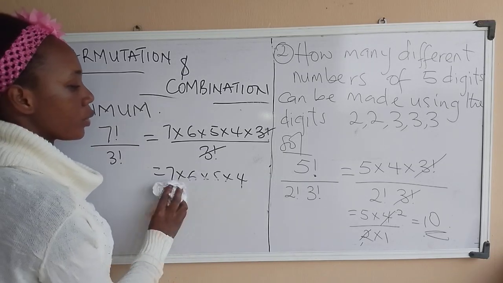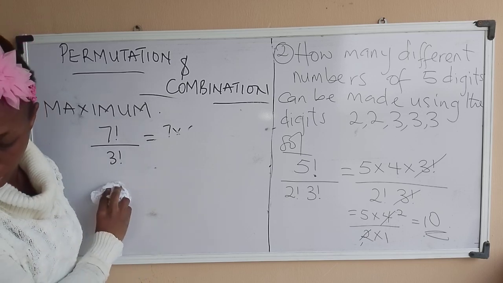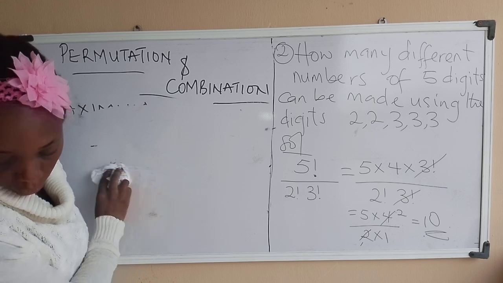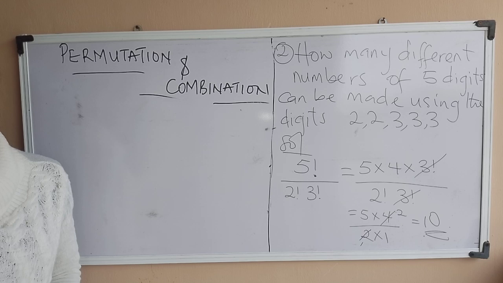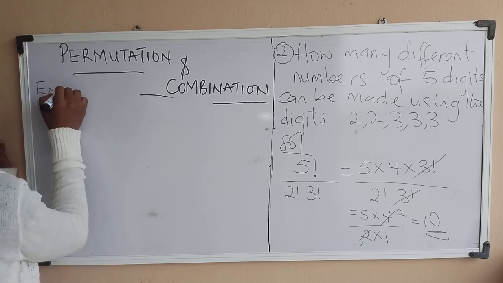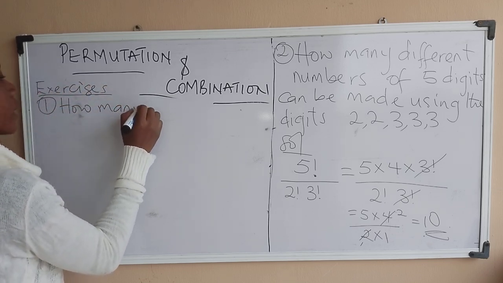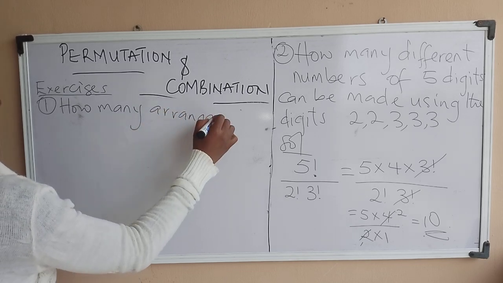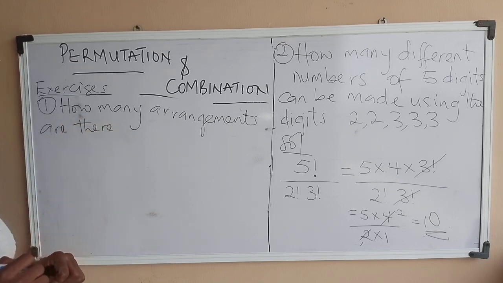Now we're going to look at exercises for this one. Exercise number 1, how many arrangements are there using all the letters of the word?